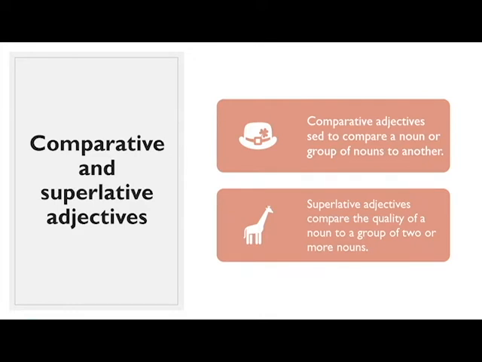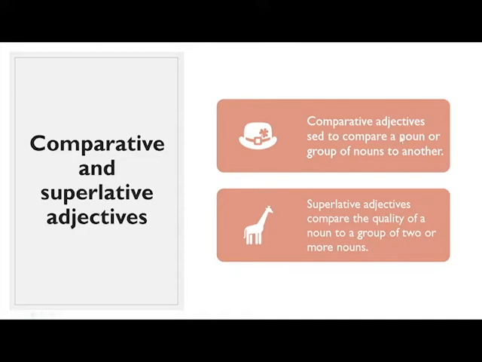Now, comparative and superlative adjectives. These are the two most important topics in learning adjectives. When talking about one, two, or more than two nouns, we need to know how to compare them. Adjectives are used to compare nouns with each other.